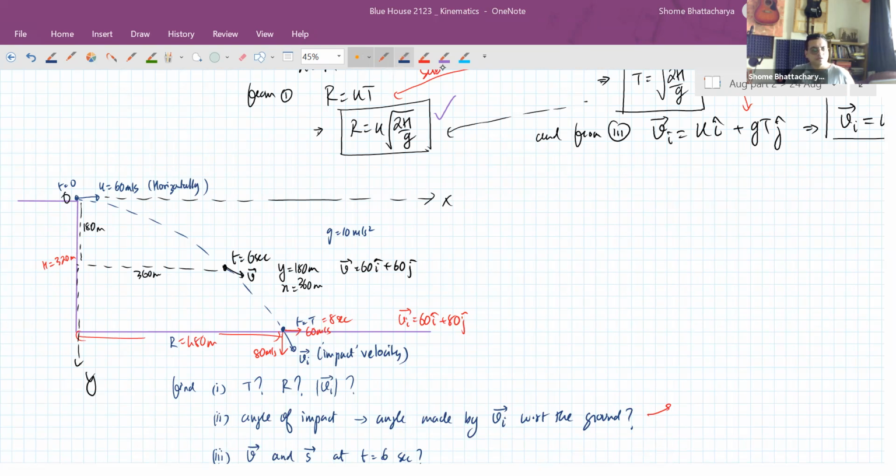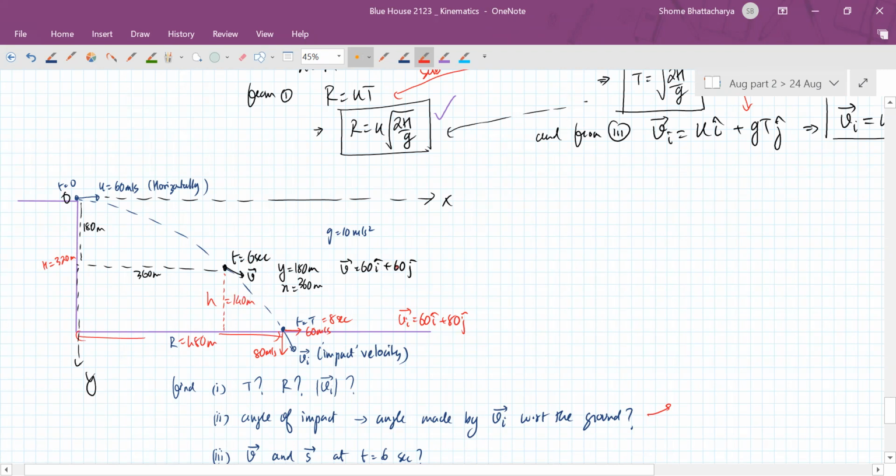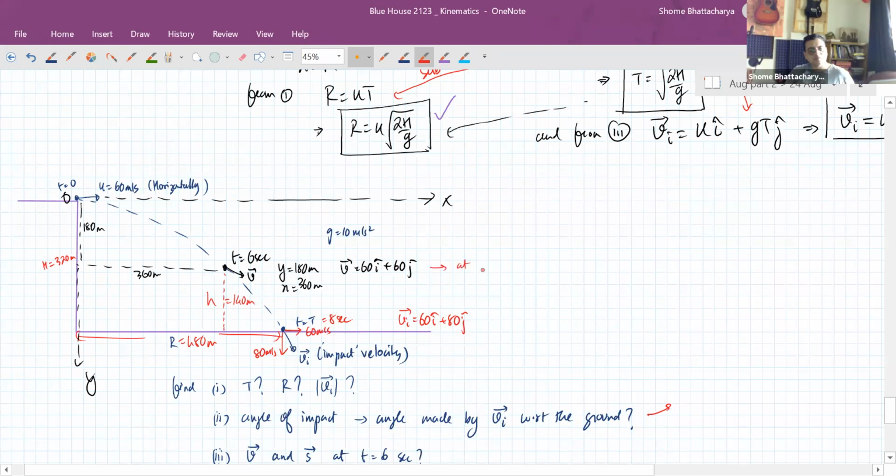Yeah, just a minute. Okay. Now, for example, if you also want to find out the height from the ground at this point of time, that height h will be how much? This is 320, so 320 minus 180. That will be 140. Right. So at this time, 6 seconds, it is at 140 meters height from the ground.